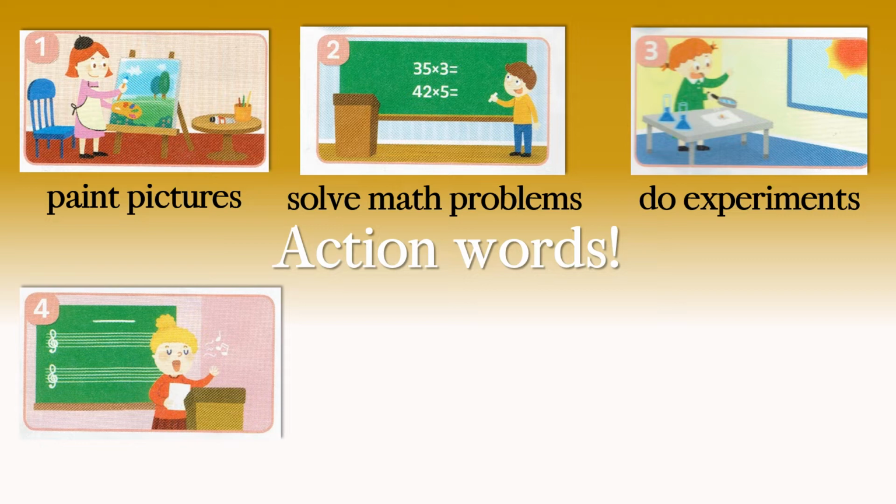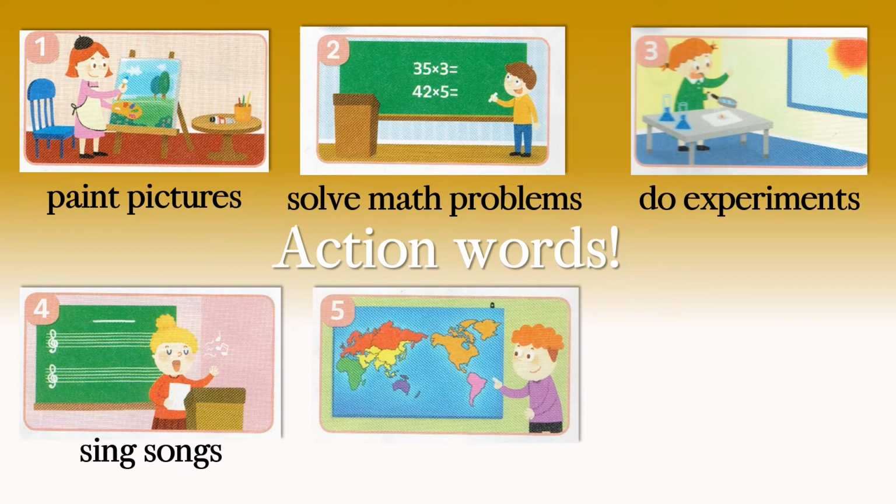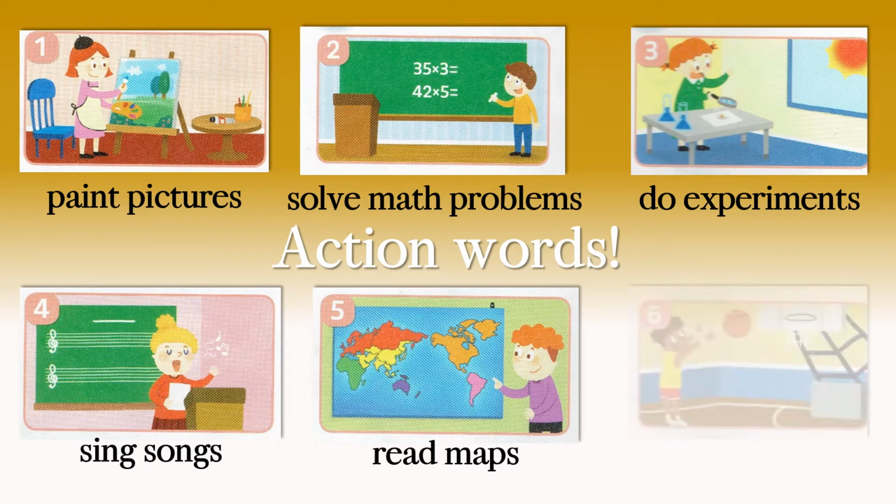Okay, this is music class. What do we do in music class? Sing songs. Number 5, social studies. Now sometimes we do this in social studies to find out where people live. What is this? Read maps. That's right, read maps.